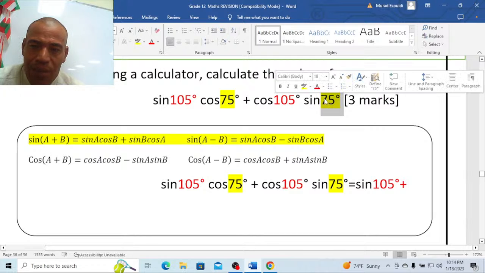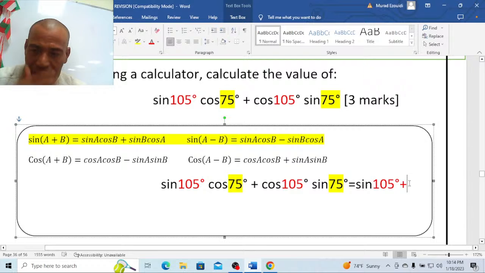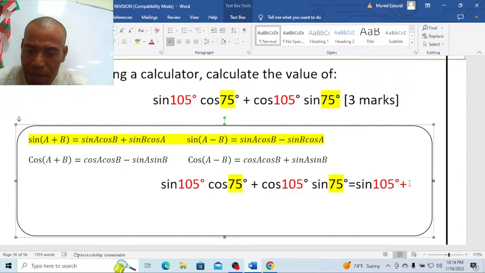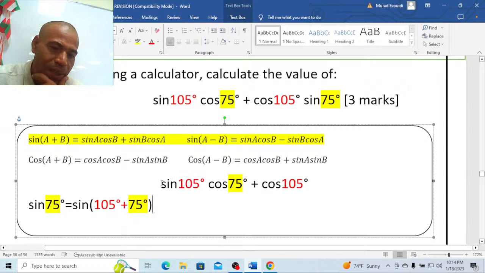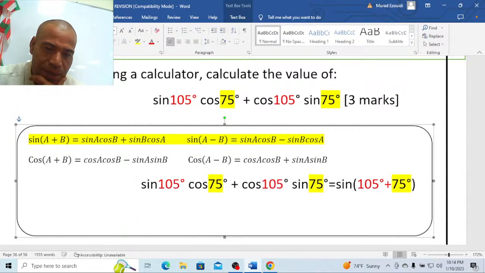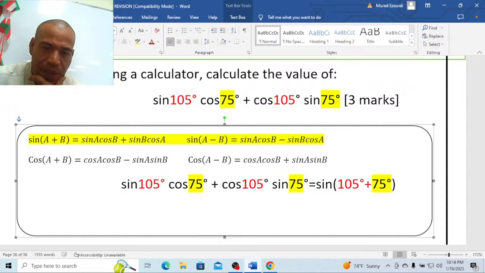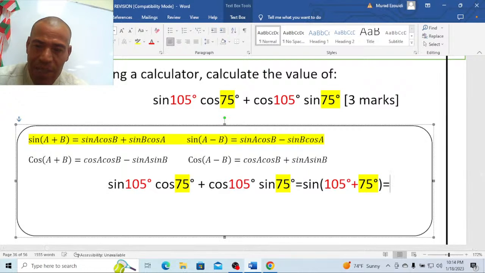In fact, 105 plus 75 gives me exactly 180.